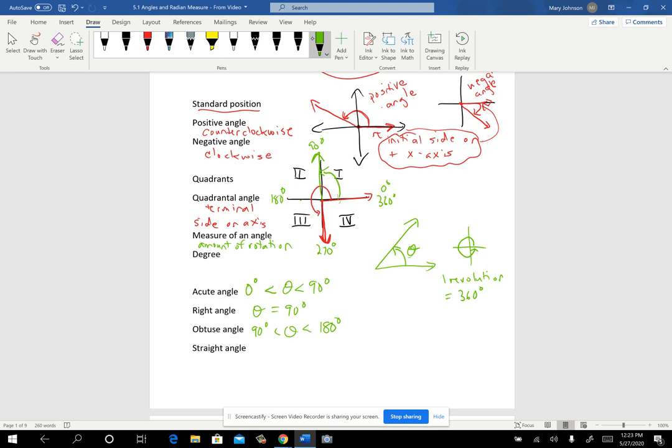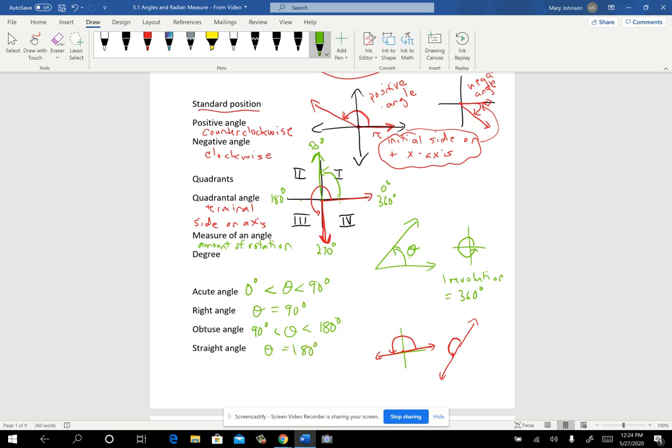All right, and then a straight angle is when you start out, and then your angle winds up at the end just looking like a straight line. And it doesn't have to be on a coordinate plane. You could have your one side here, you rotate, as long as it winds up being a straight line. For that to happen, you can see that your theta would have to be 180 degrees.